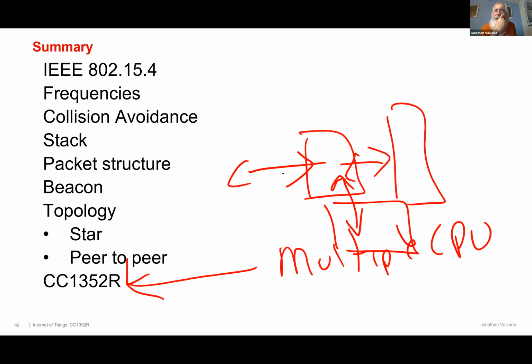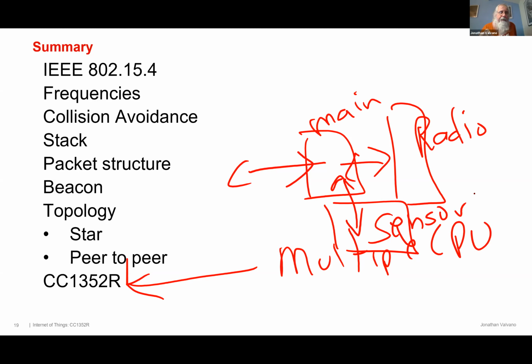Okay, so the radio was over here, and this is the main controller, and this is the sensor. We talked about beacons. We saw a little bit about the avoidance.